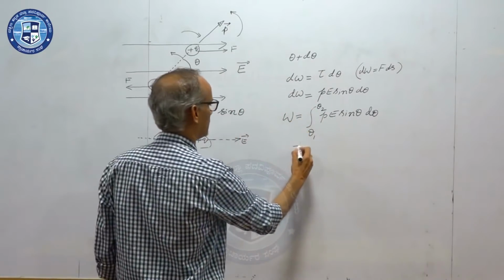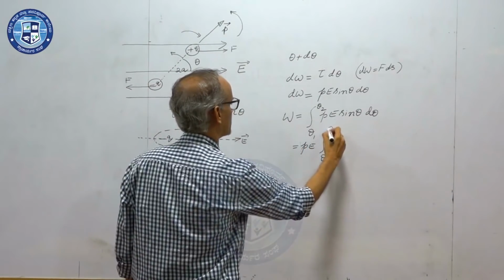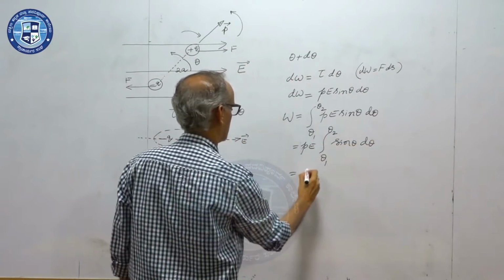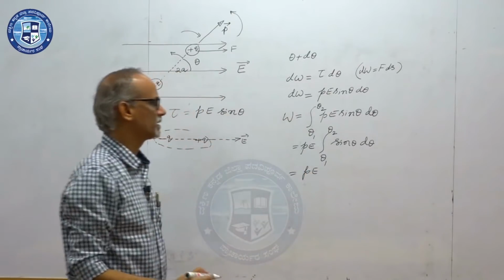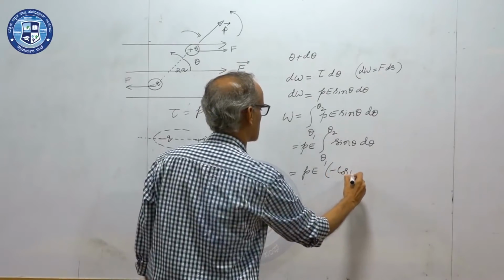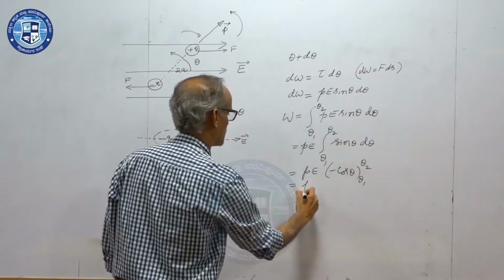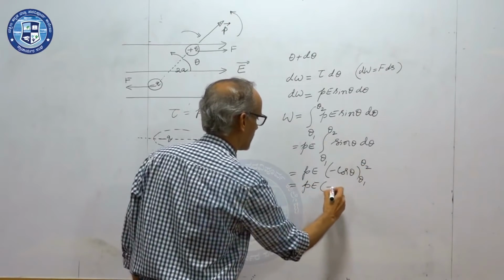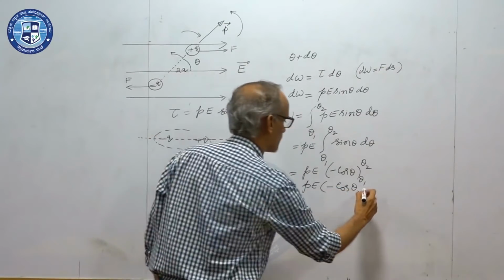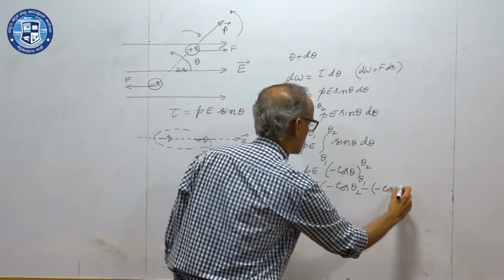So, here P and E are constants which we can write outside, integrating between the limits theta 1 and theta 2 sin theta d theta, that is PE. Integration of sin theta d theta is minus cos theta under the limits theta 1 and theta 2. So, that is PE into minus cos theta 2 minus of minus cos theta 1.